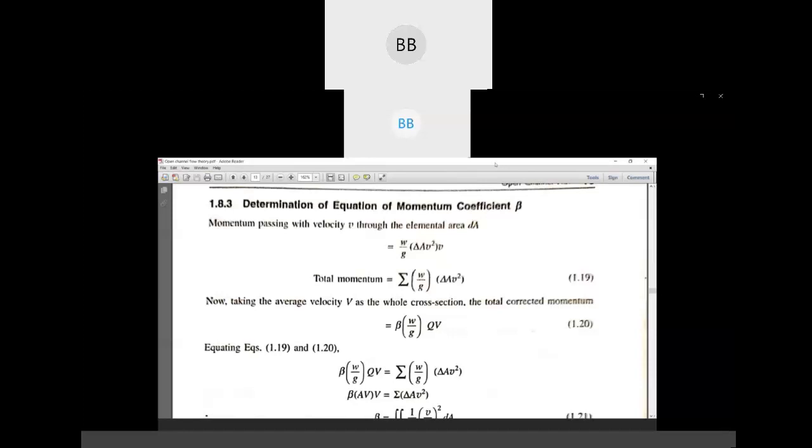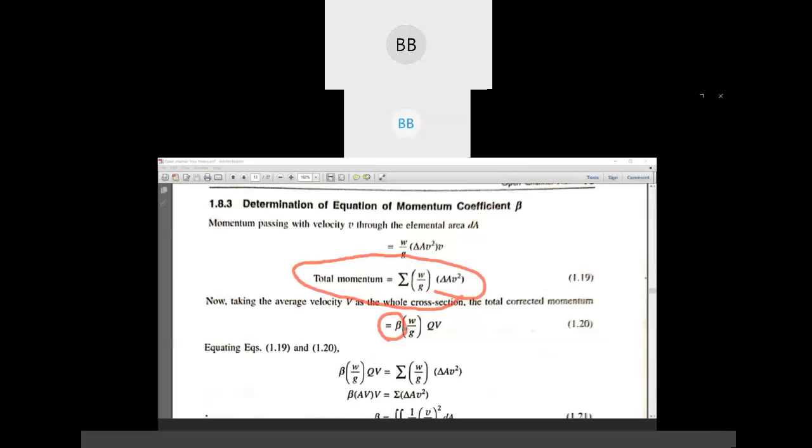This is your total momentum. Now, as our velocity is not constant, we have to multiply it by a coefficient, that is beta. When you use that coefficient for the momentum equation, it is called beta.